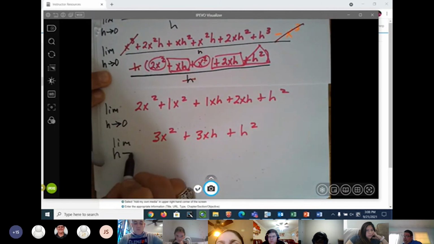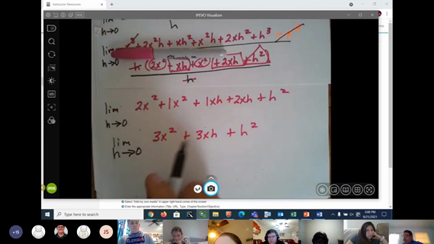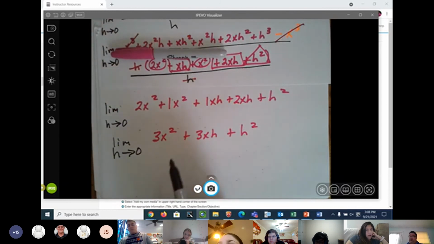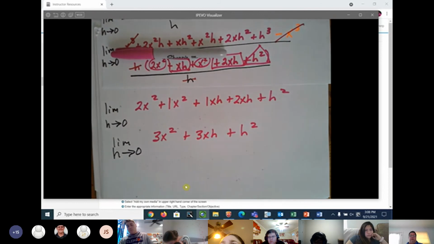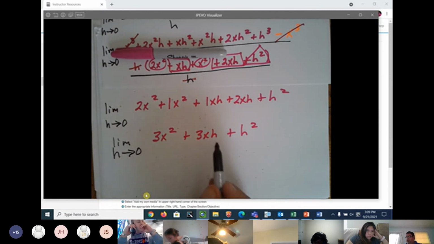as h approaches 0. And what happens to this equation when h approaches 0? What happens? Oh, come on, pre-calculus students. Y'all have seen this before. What does the 0 do?